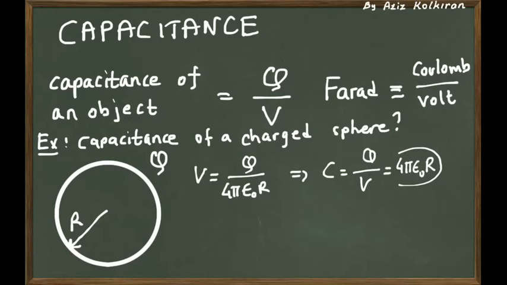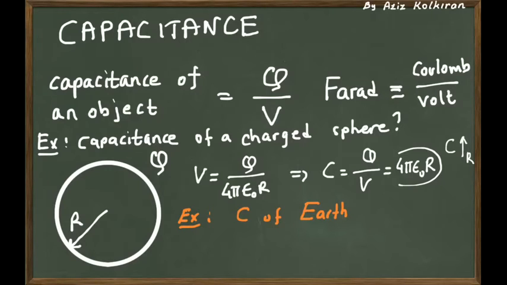Q2 was always larger than Q1. That's something related to the capacitance. Because the larger sphere has a larger capacitance, that means it holds a larger charge. So that's one thing. See, C grows with R. As you enlarge the sphere, you have more capacitance.